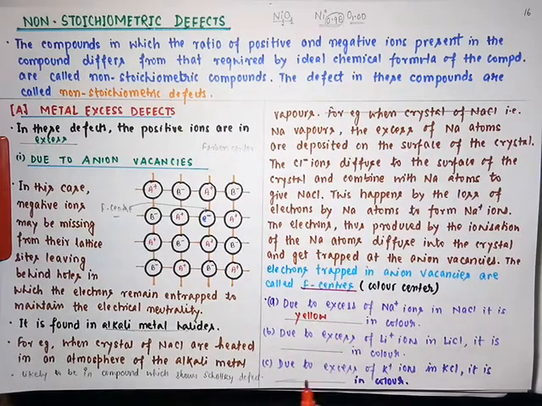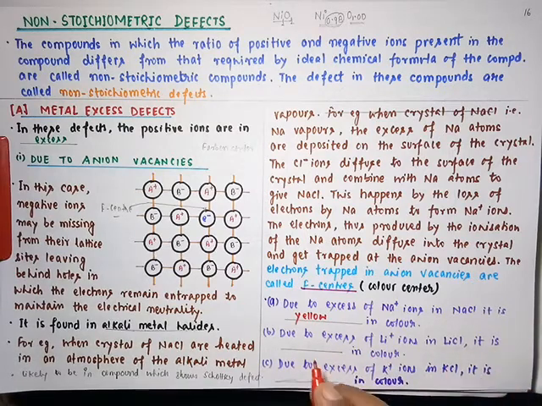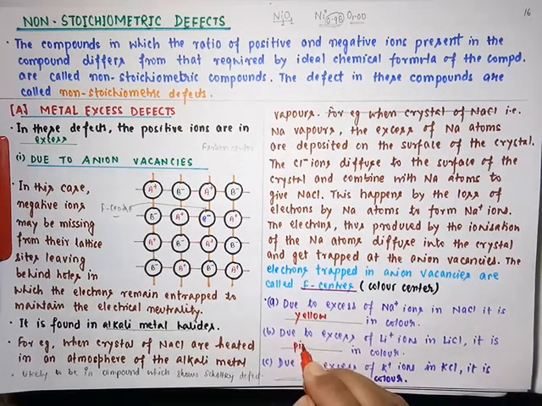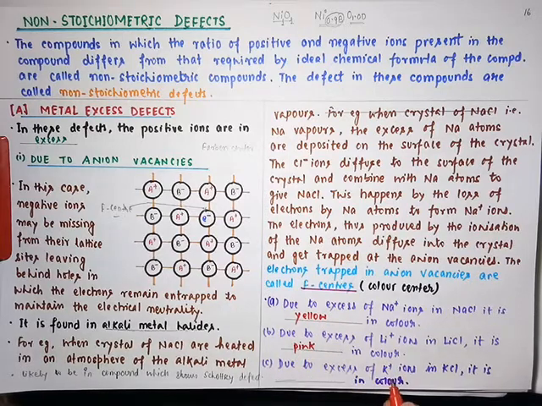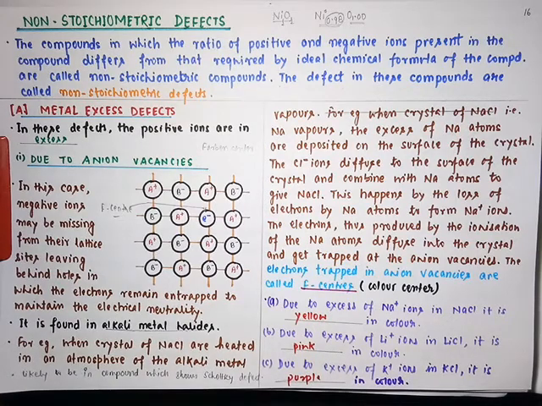Because of this F center, Farben center. Due to excess of Li plus ions in lithium chloride, it is pink in color. And due to excess of potassium ions in potassium chloride, it is purple in color. Student, in the next video, I will discuss metal excess defect due to excess cation.